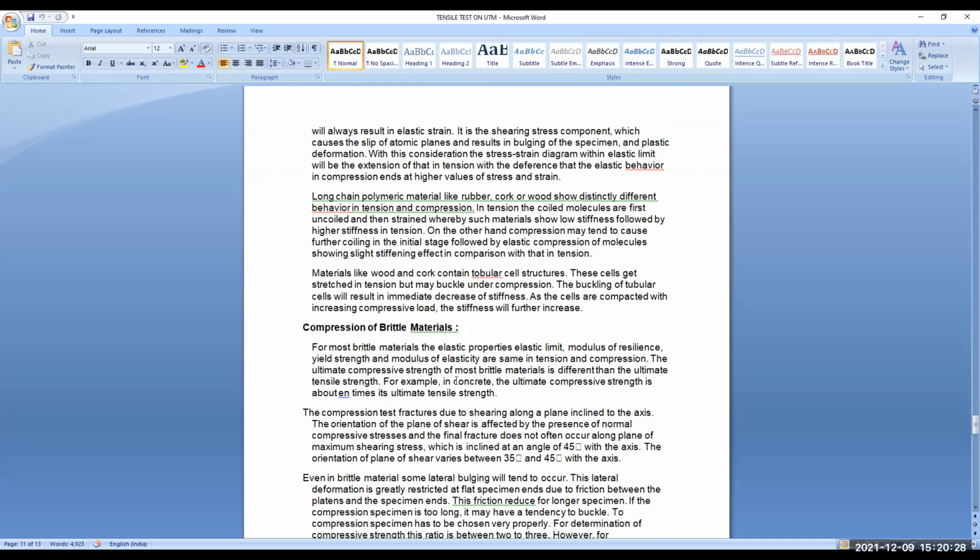The ultimate compressive strength of most brittle materials is different from the ultimate tensile strength. For concrete, the ultimate compressive strength is about 10 times higher than the ultimate tensile strength. Fracture is due to shearing along a plane inclined to the axis.